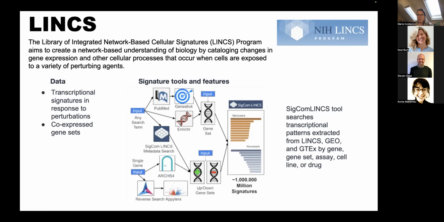They have a tool where you can find transcriptional signatures, and they've extracted transcription data not only from their own resource LINCS, but also from GEO and GTEx. You can search this by a gene or gene set or a bunch of other criteria and come up with transcription patterns where sets of genes may go up or down in response to a treatment.